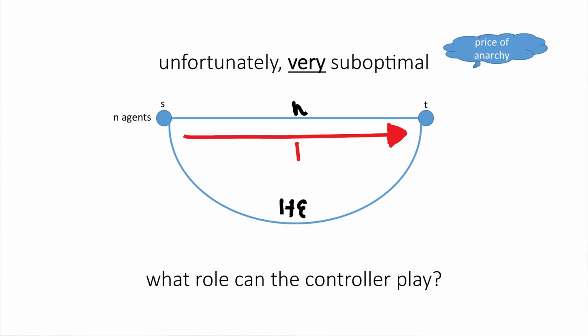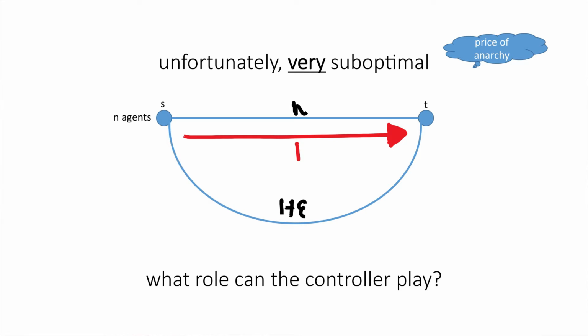Okay. So, again in this kind of a situation, we want to analyze what role the controller can play. In particular, let us think of a slightly different situation where the agents are still autonomous and can choose what they want to do, except that the controller can prescribe a particular routing behavior and suggest it to the agents.